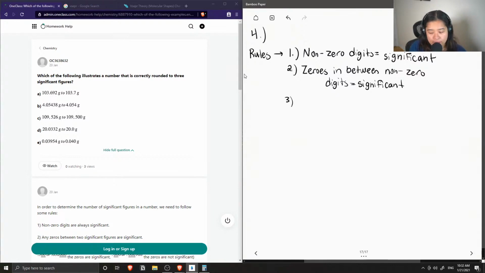And finally, this rule can be kind of confusing, but basically trailing zeros that are after non-zero digits are also significant.